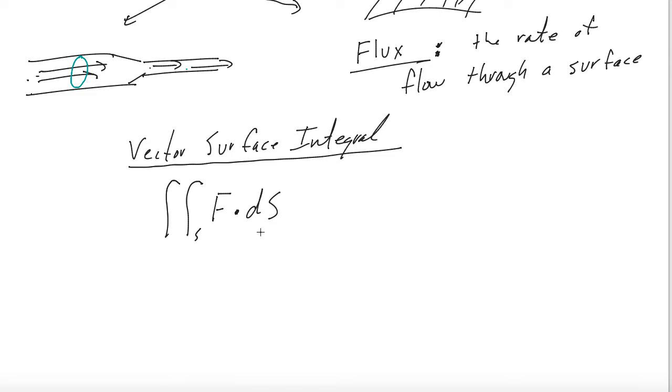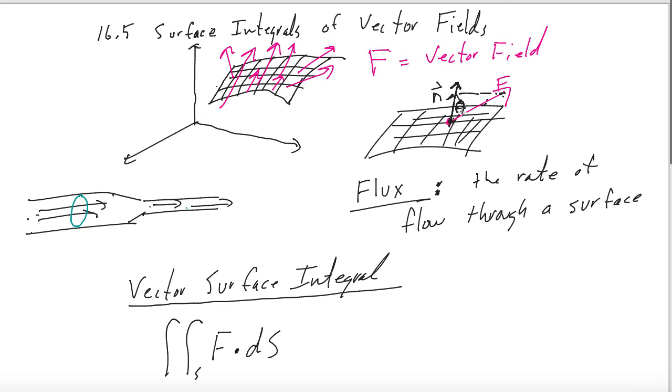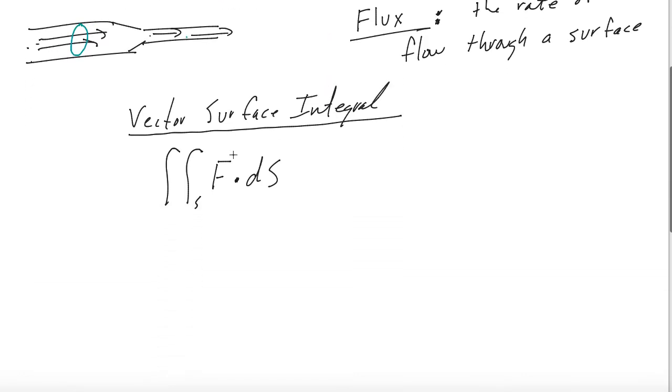That's what dS represented, and then F was our F of our parametrized function. But this one is actually, because it's a vector surface integral, and we want to know about this angle here, so we can get this projection basically in the n direction. This is now a dot product.